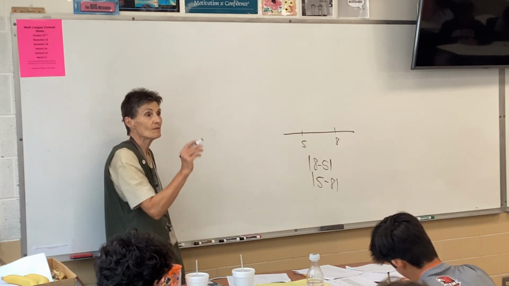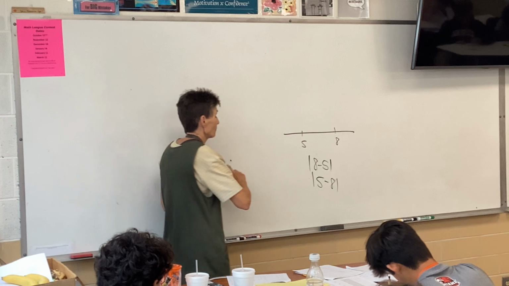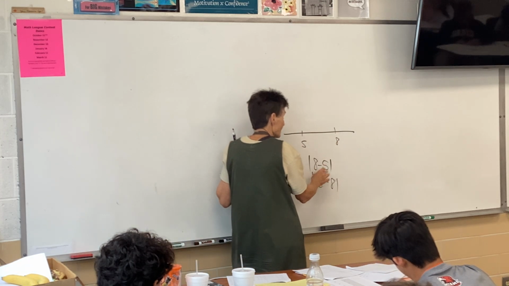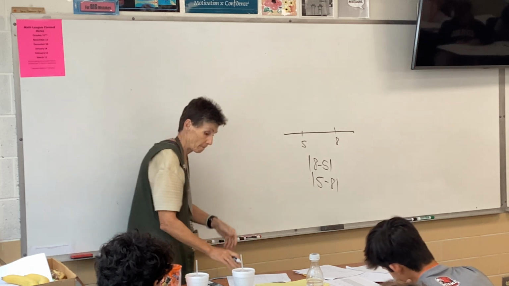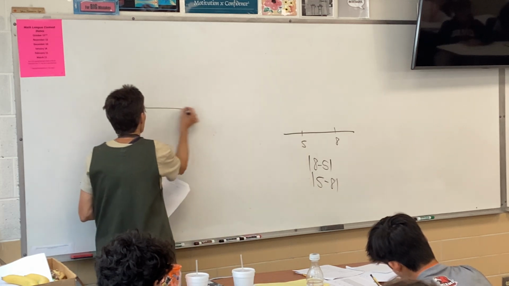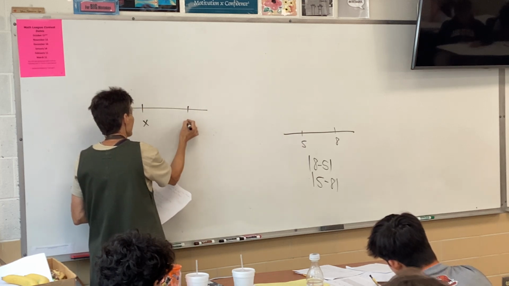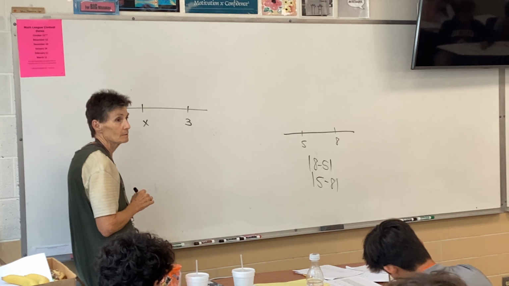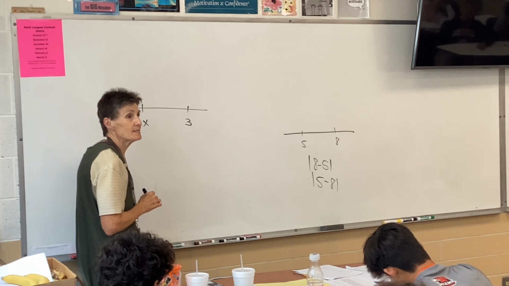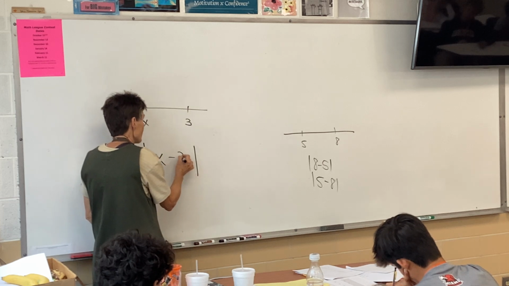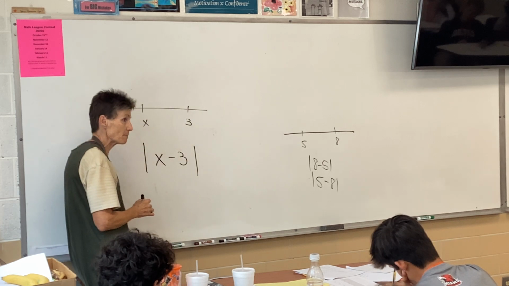To find the distance, we subtract our numbers in either order and take the absolute value. So if it says my two numbers are x and 3, the distance will be them subtracted in absolute value.